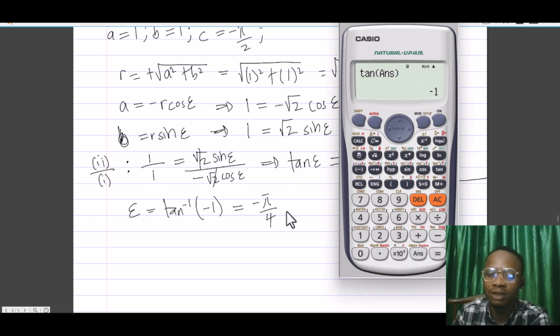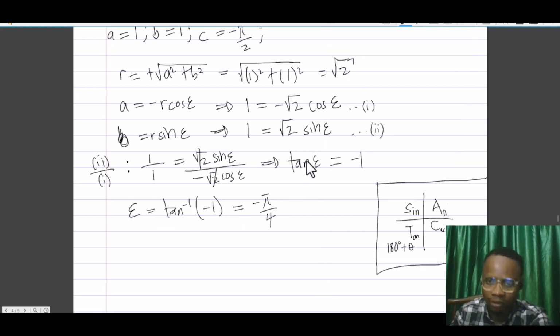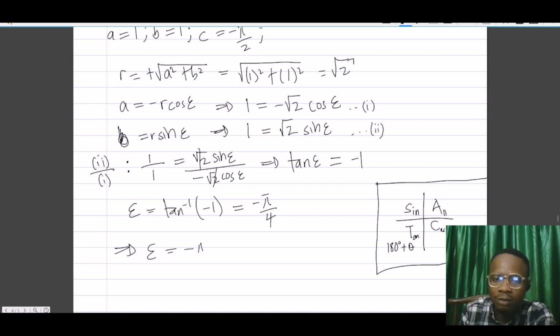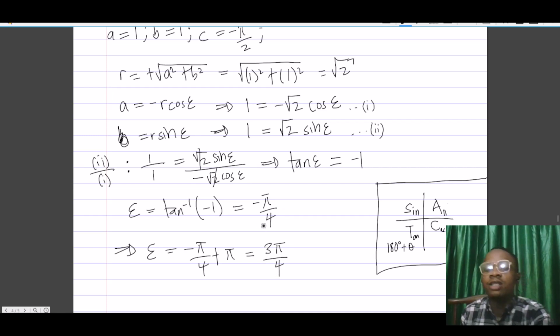So if we add 180 degrees to the angle, it doesn't change the value of the tangent. So we can say this epsilon is equal to minus pi over 4 plus pi, just to have a positive angle. If we put this together, this is going to be 3 pi over 4, if you like. So with this, we are good to go.